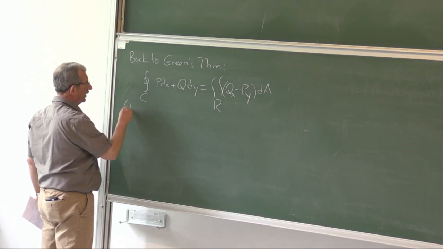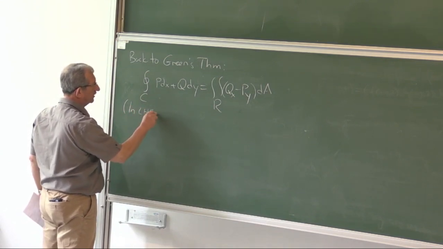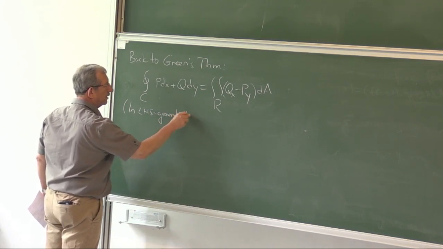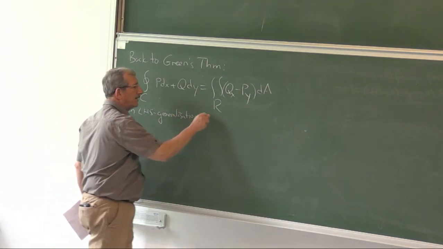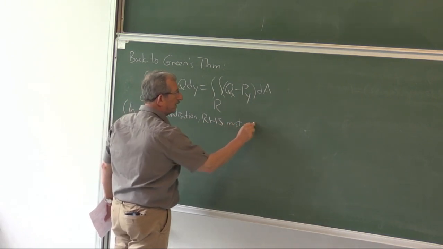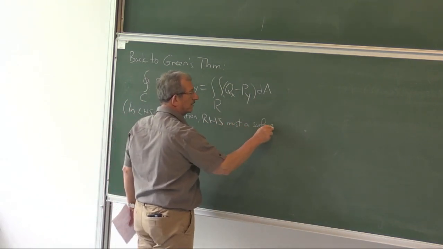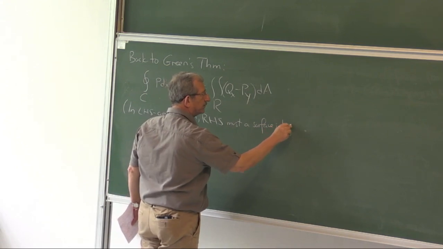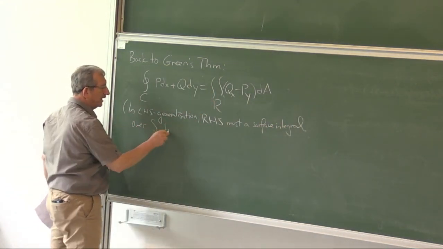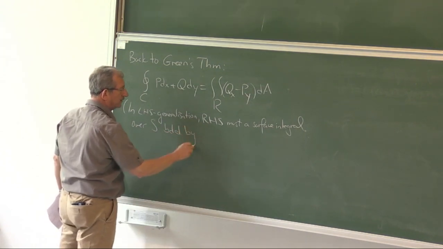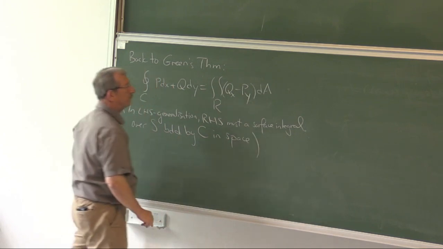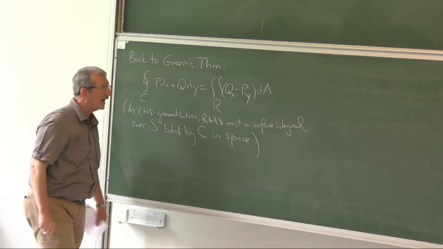So, in left-hand side generalization, the right-hand side must be a surface integral over S bounded by C in space. Okay. So let us look at the right-hand side.